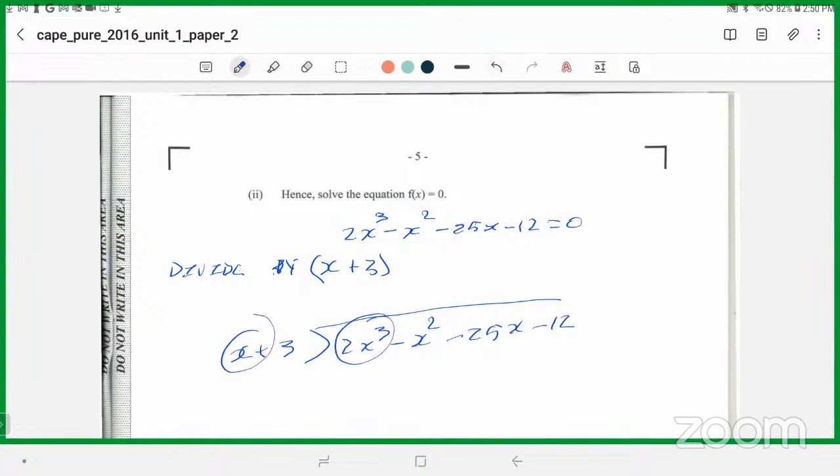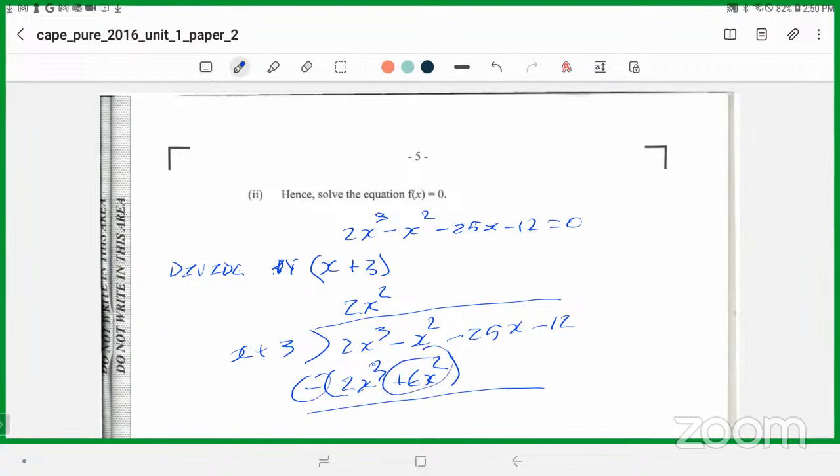This divided by this is 2x squared. Then 2x squared times these gives 2x cubed plus 6x squared. Subtract this and this makes it a negative 6x squared. Negative 6x squared and negative x squared mean negative 7x squared.